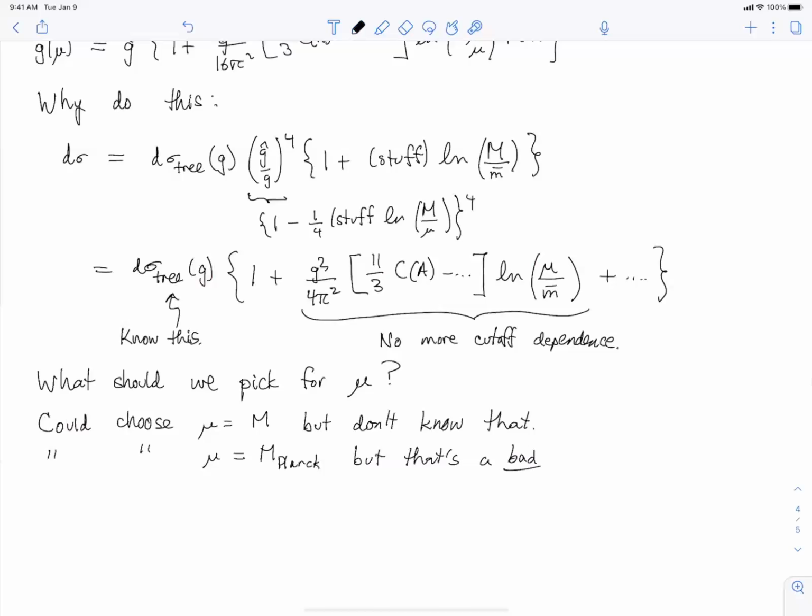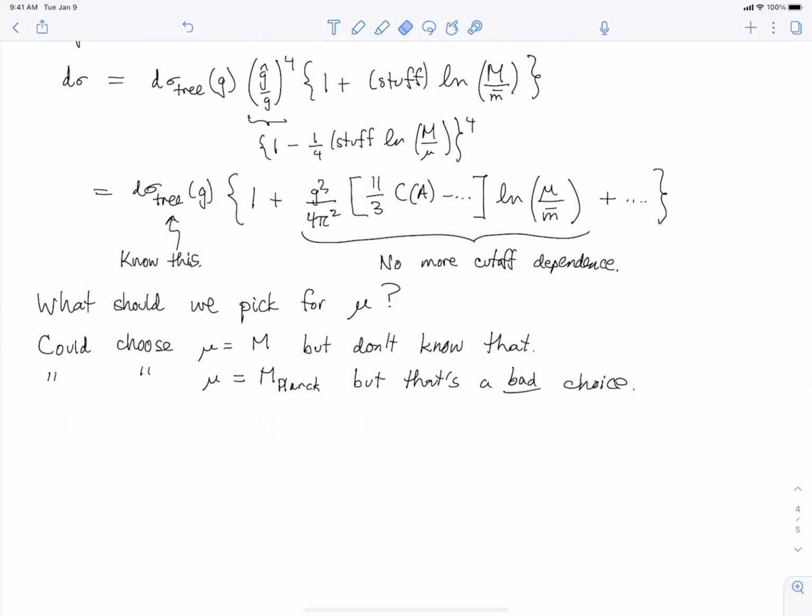So why is it a bad choice? It's a bad choice because then logarithm of mu over M bar would be roughly logarithm of M Planck over M bar. M bar is something that's built out of Mandelstam S for the process you're doing. So maybe that's 1 TeV or something like that. And so this would be a large logarithm. So this would be 35 for M bar, let's say 1000 GeV.